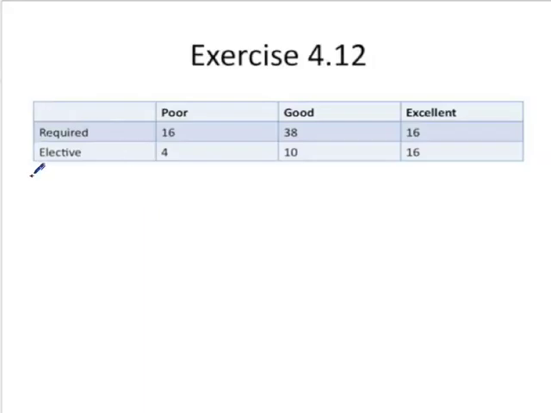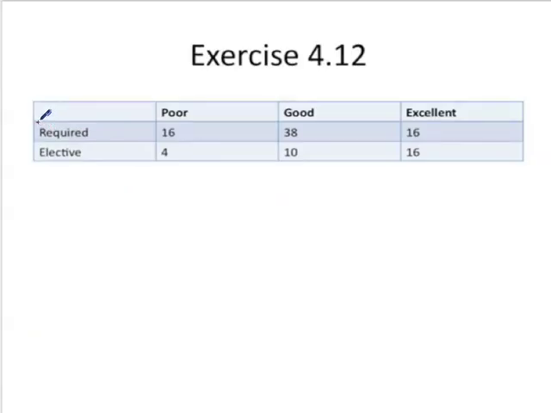Okay, so the big thing you've got to remember is what do they mean by the word given here? When they say given, they're sticking you in just particular rows or particular columns. In other words, they're saying that the world only exists in that row, tell me something about it. If the world only existed in that column, tell me something about it. So in this case, the given was the reason for taking the course.